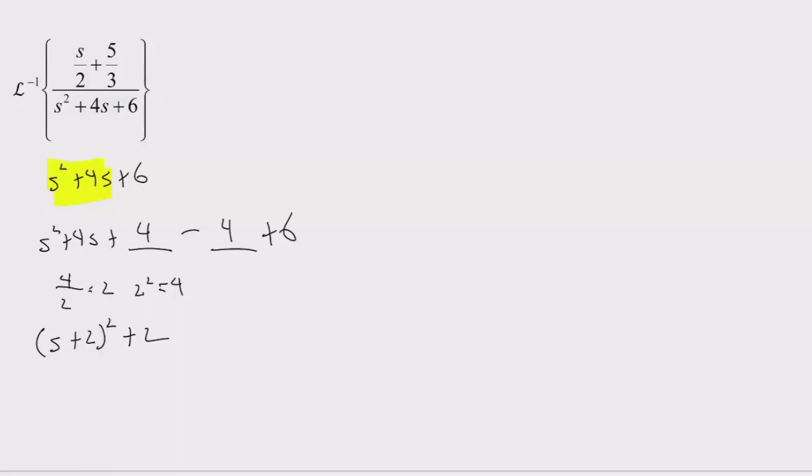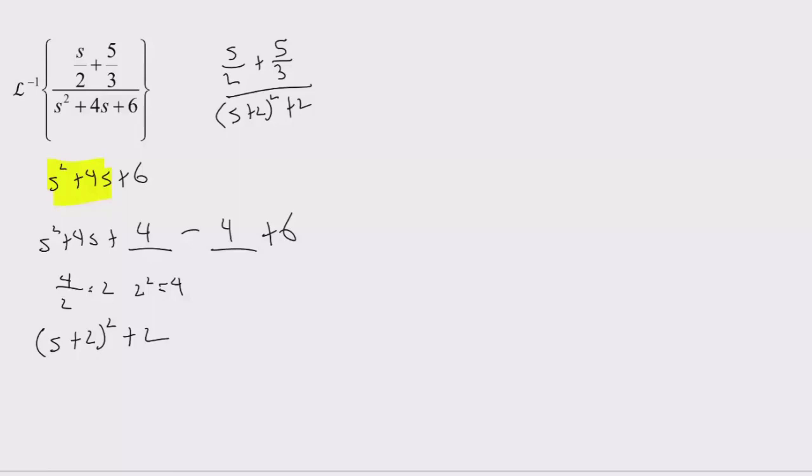Okay, so that means that our fraction, and again, I'm going to ignore the inverse Laplace symbol for just a second, s over 2 plus 5/3 is now equivalent to s plus 2 squared plus 2. And that s plus 2 squared bit, that factorization bit, is going to motivate me to see if I can manipulate the numerator to have a similar feel to it.